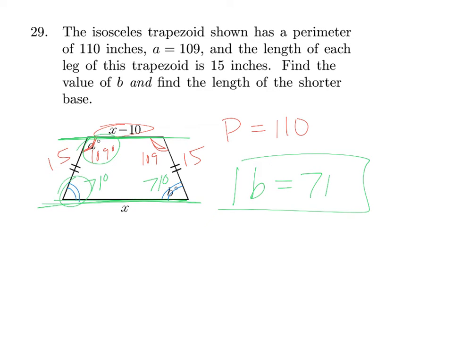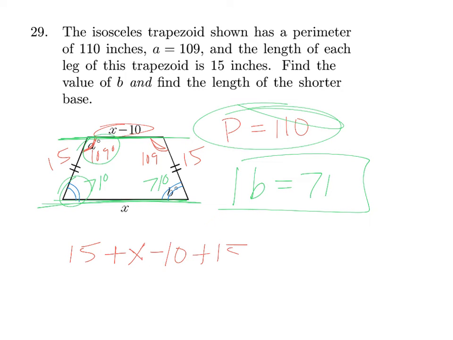That's done. Now I need to figure out what X is. It says the perimeter is 110. So we need to use this information. So I know 15 plus X minus 10 plus 15 plus X is equal to 110. All right, so I get 2X, and then I have plus 20 is equal to 110.